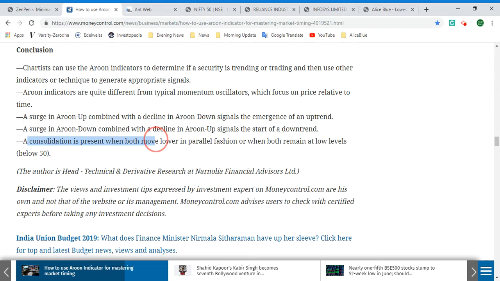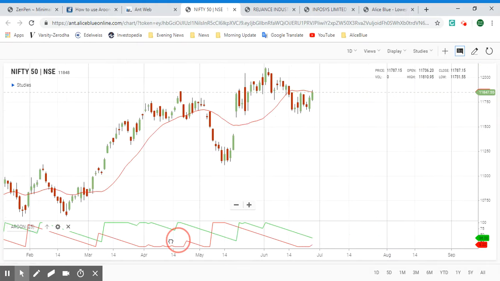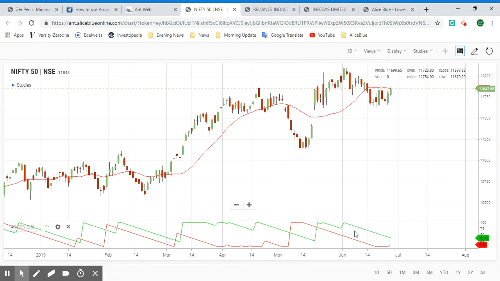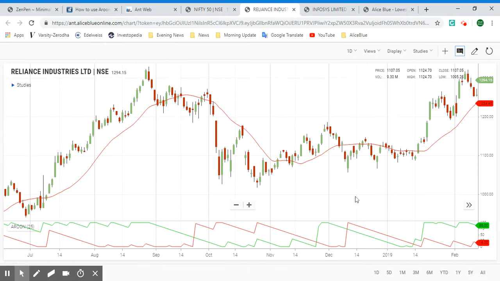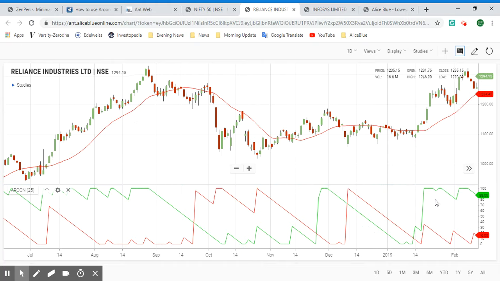So the consolidation is present when both move lower in a parallel fashion or when both remain at low levels below 50. So right now, as we can see, the specific Nifty 50 is in a consolidation level. Here it used to be in a consolidation level, but it's going slightly parallelly.